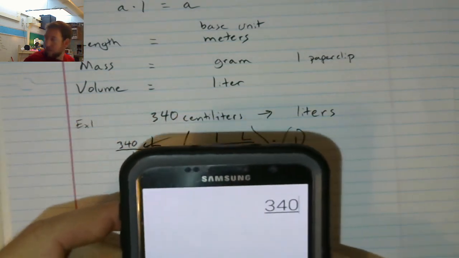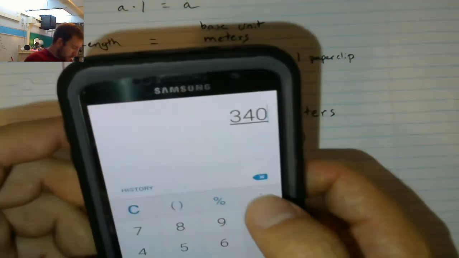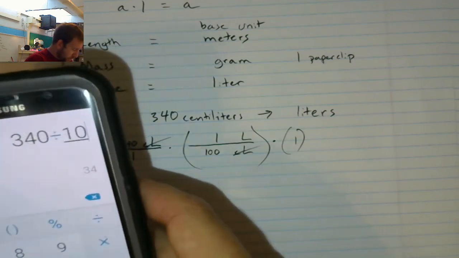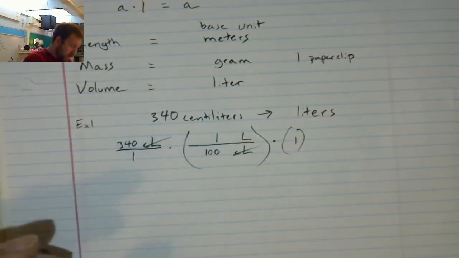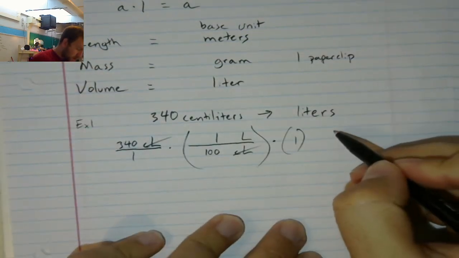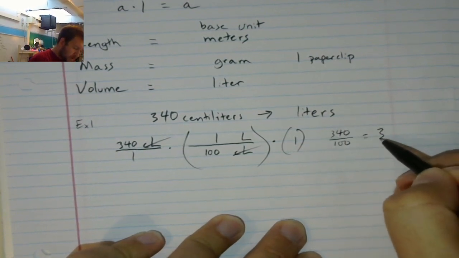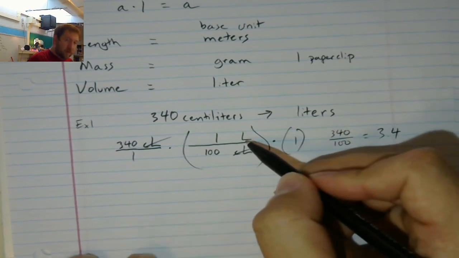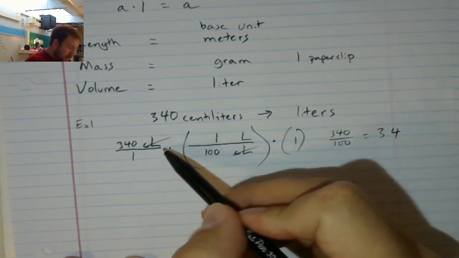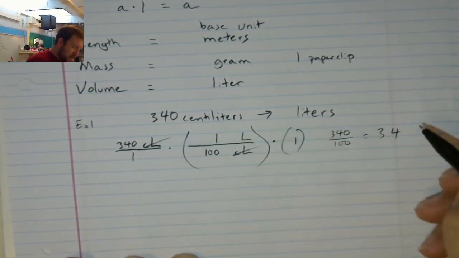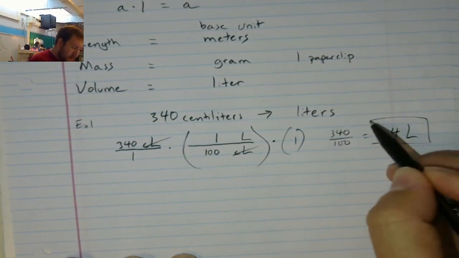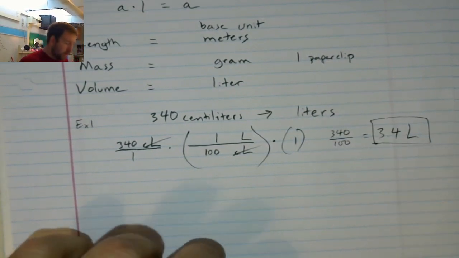You guys see? Oh yeah. 340 divided by 100 equals 3.4. So I can write 340 over 100 equals 3.4. Now the only unit that didn't get canceled out that carries all the way through is this liter. So my answer is 3.4 liters.